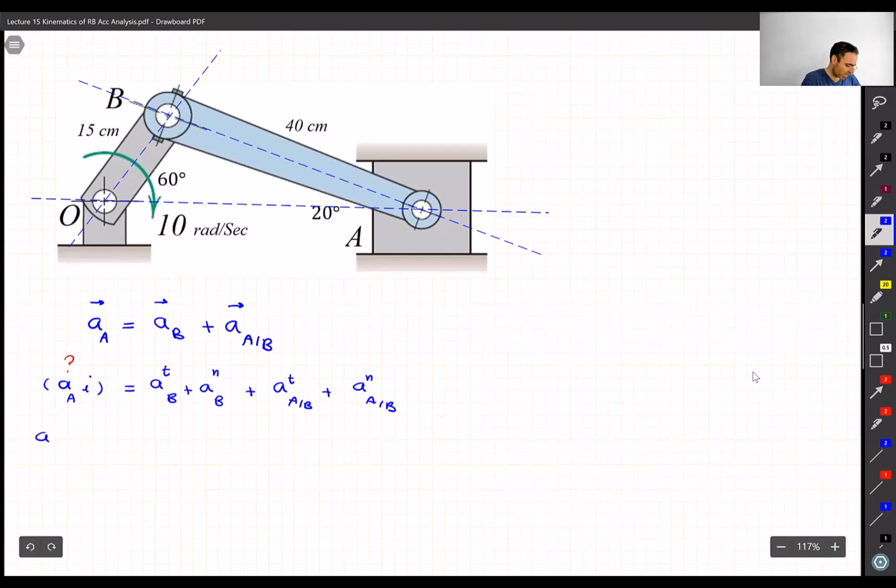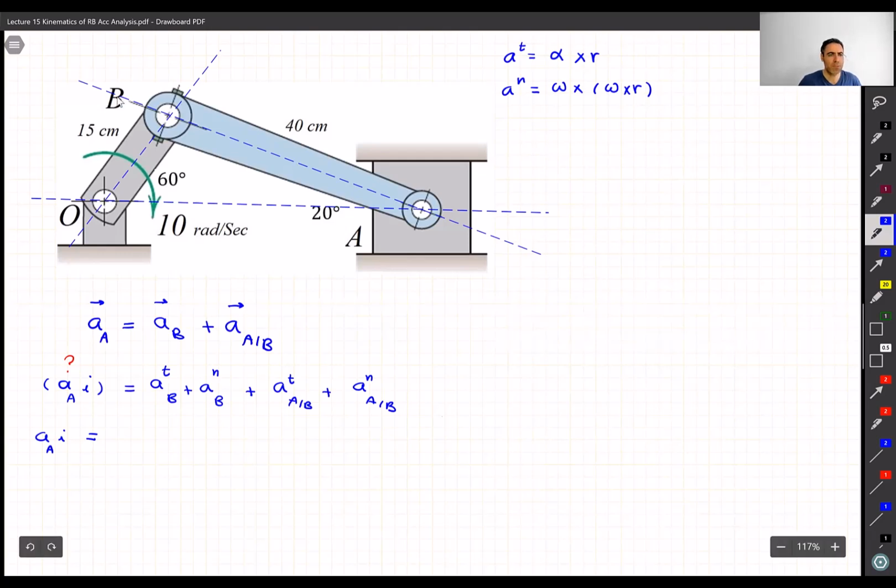So AA I is equal to, look at point B. B is rotating about a circle about point O, right? So I write down the formula one more time here. So we know that AT has a formula of alpha cross R and AN has a formula of omega cross omega cross R. Let's just substitute them.